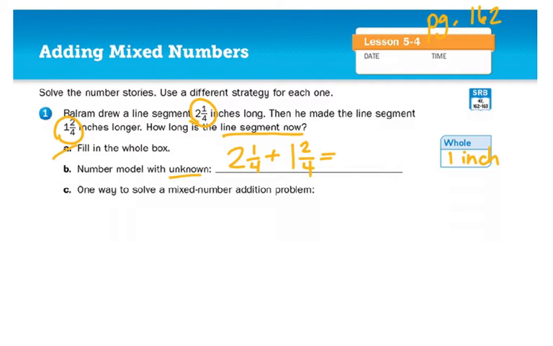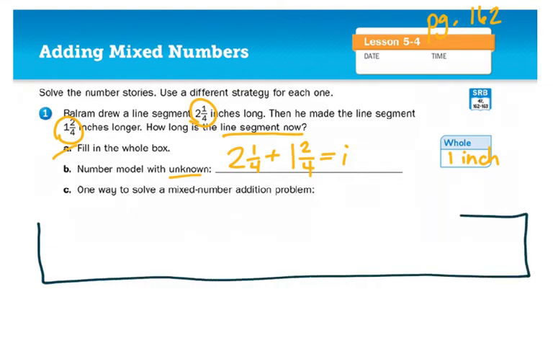And when we put an unknown, we put what's called a variable. It's a lowercase letter of the alphabet. Doesn't matter which one it is, but I'm going to put, how about i for inch? One way I could solve this, well, if I were going to draw, let me imagine drawing a ruler. Can you draw a ruler in your blank space?